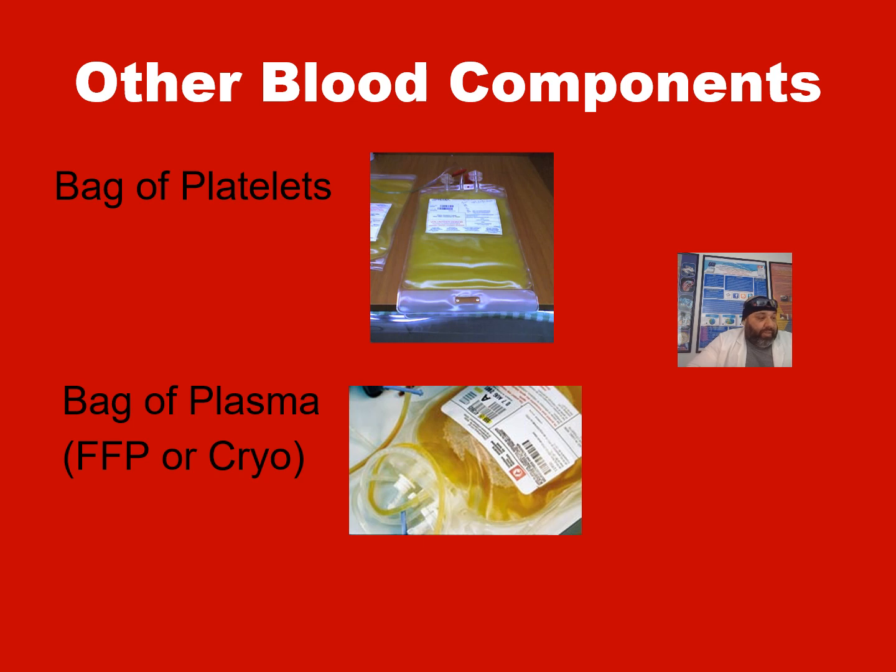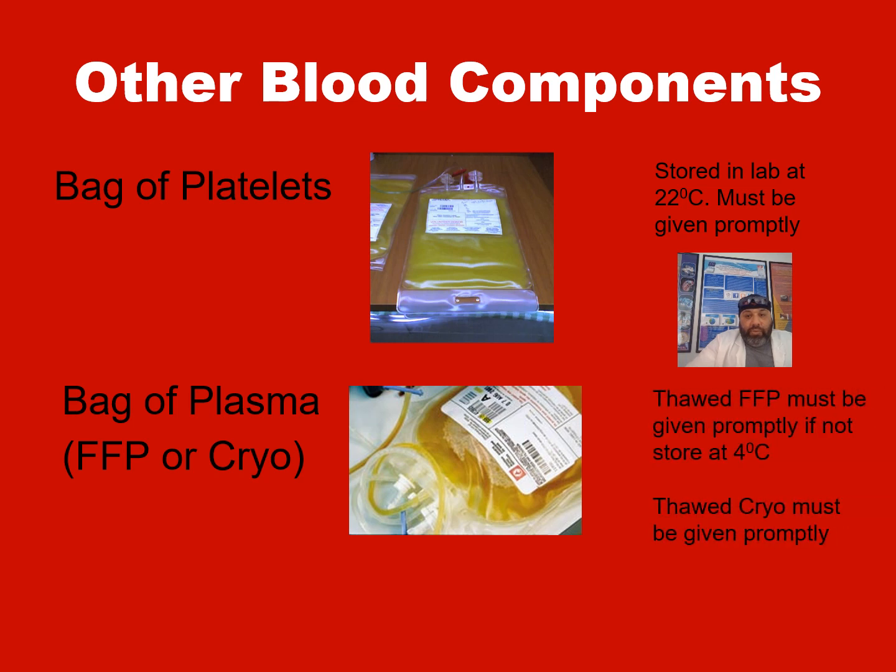I talked a little bit about these before, but I'm just going to put a little emphasis here. The other blood components are platelets, and also fresh frozen plasma and/or cryoprecipitate.